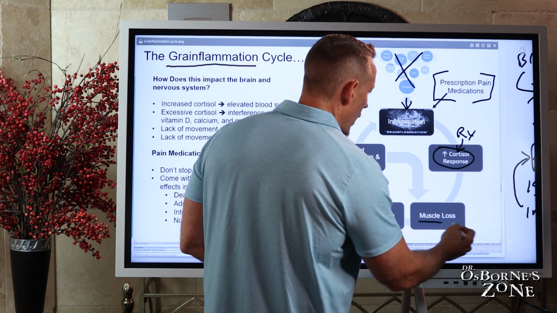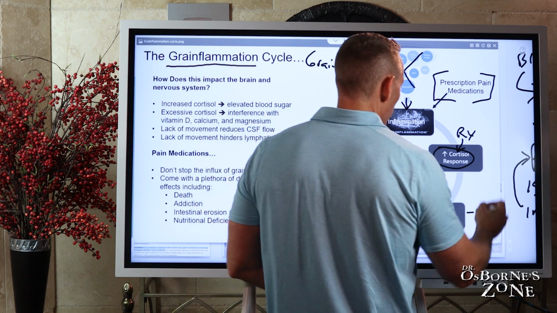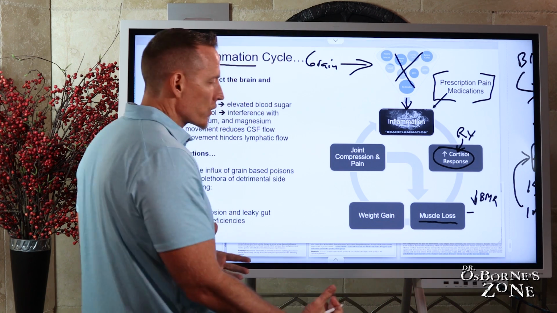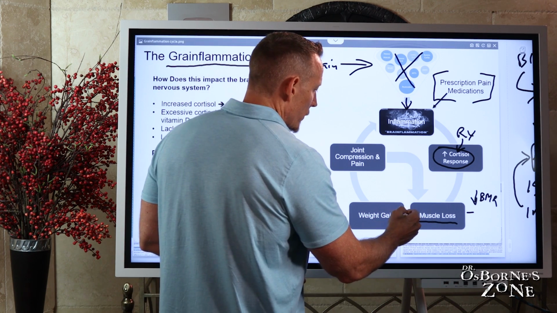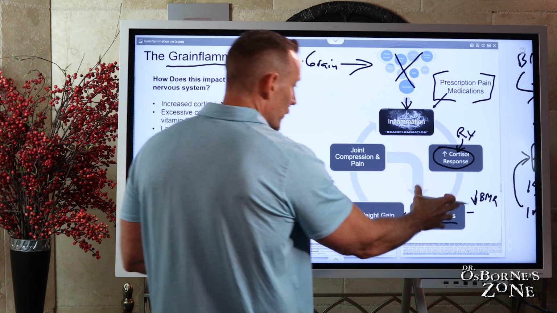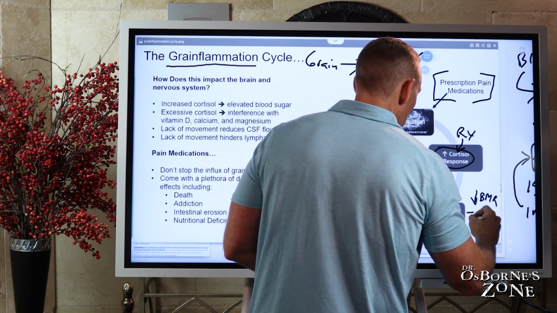Now, when we have muscle loss, one of the side effects is our BMR, which is our basic metabolic rate, the speed at which we burn calories, reduces. In other words, we start gaining weight, right? We're losing muscle. That leads to weight gain. But muscle weakness from muscle loss also increases pain.